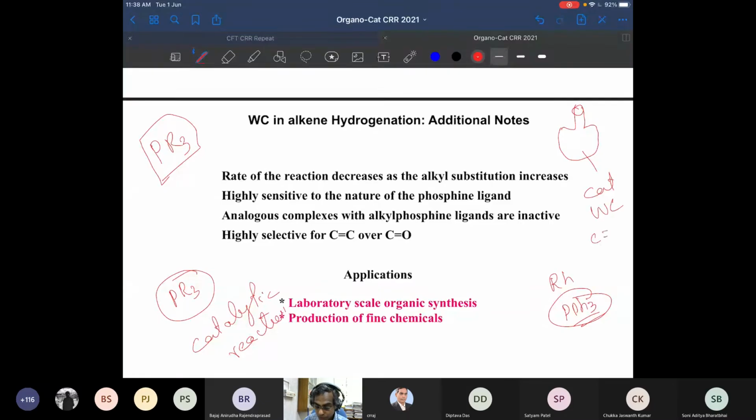I have an alkene. I have H2. Usually, the reaction is conducted in benzene. Along with that, I have an excess of triphenylphosphine ligand. Can you tell me what will happen to the reaction? Anybody? Quickly, we'll go to the next one.